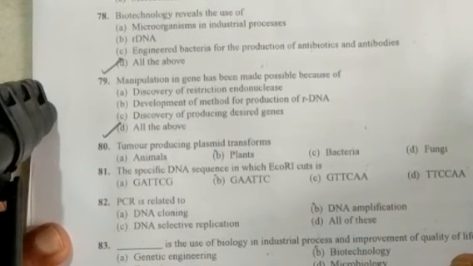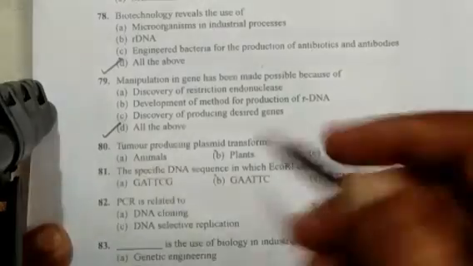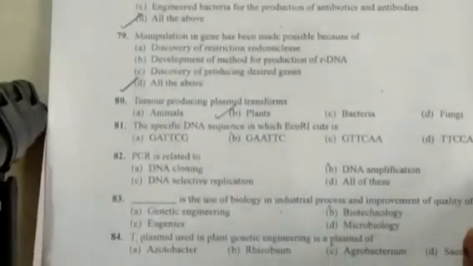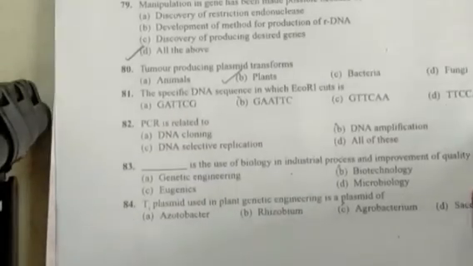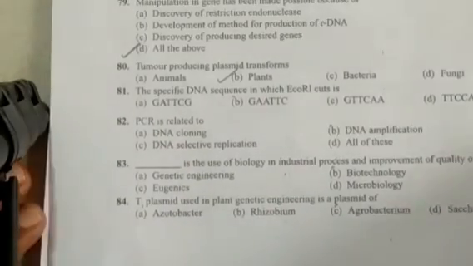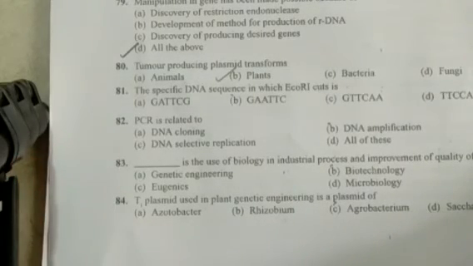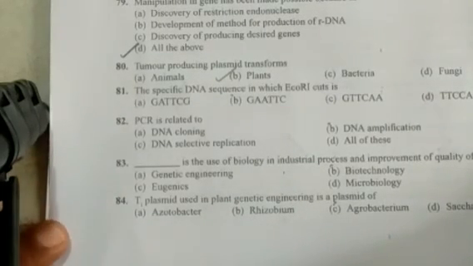Fine, all of these. Next, tumor producing plasmid transforms. Very easy. Fine, that is nothing but Agrobacterium tumefaciens used for plants. Very easy question, many times repeated also. A, animals, B, plants, C, bacteria, D, fungi. Plants. Next question. The specific DNA sequence in which EcoR1 cuts is.